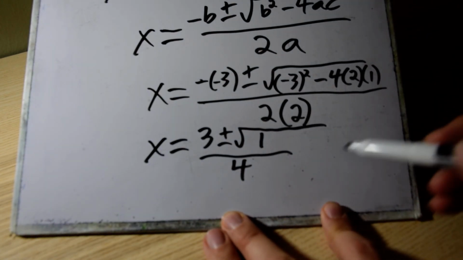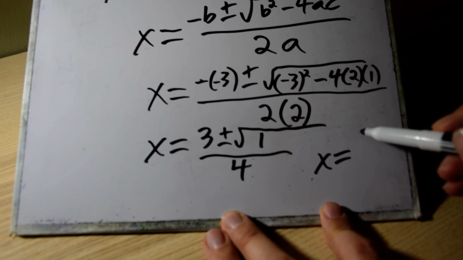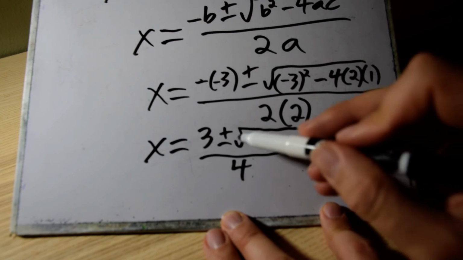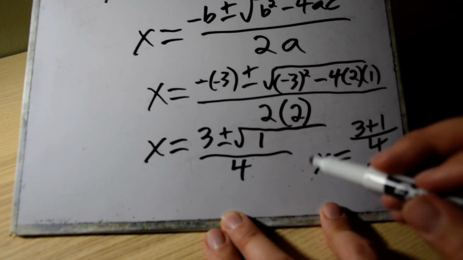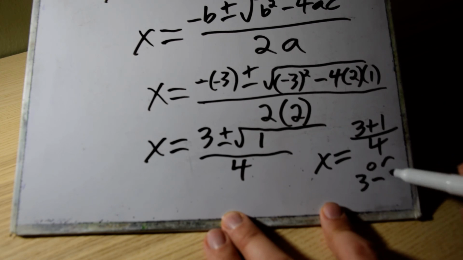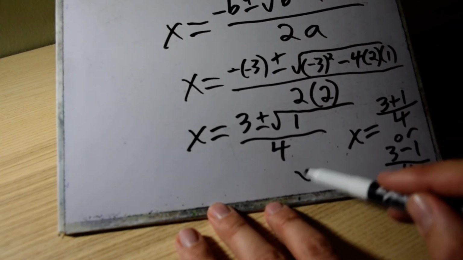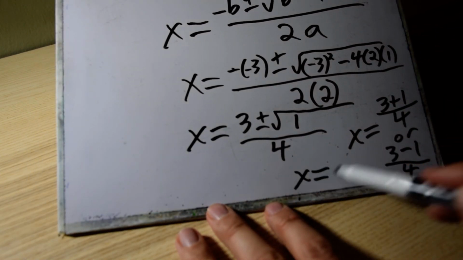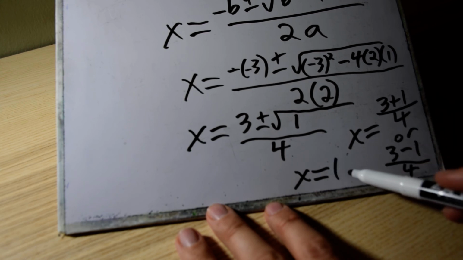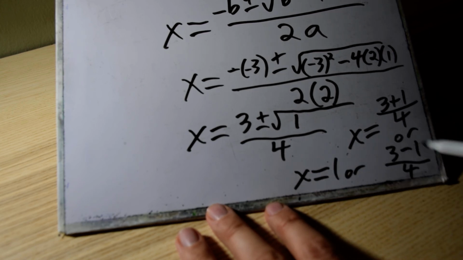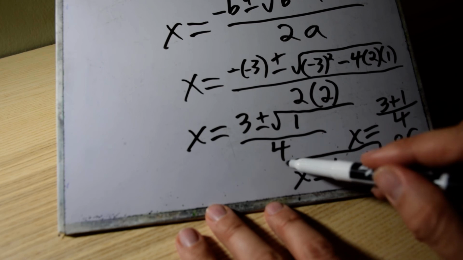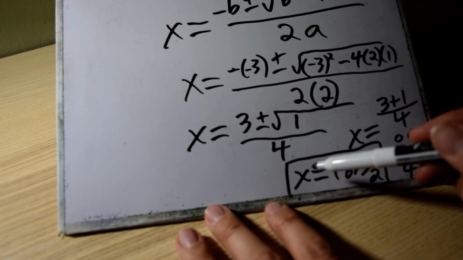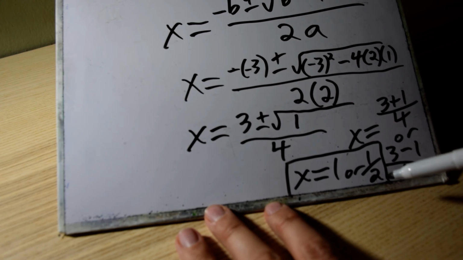Well, that means that x equals either 3 plus the square root of 1, which is just 1, over 4, or x equals 3 minus 1 over 4. So what does that get? Well, that gets us x equals 4 over 4, which is 1, or 3 minus 1, which is 2 over 4, which is 1 half. So for this, when you plug it in, x is 1 or 1 half.